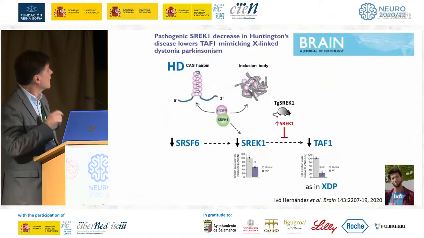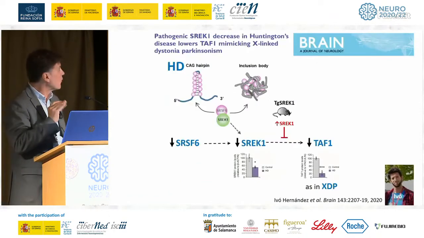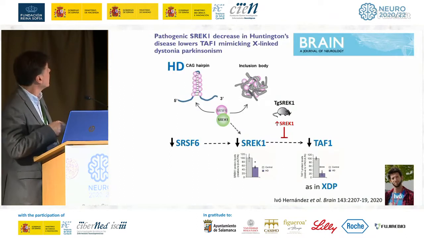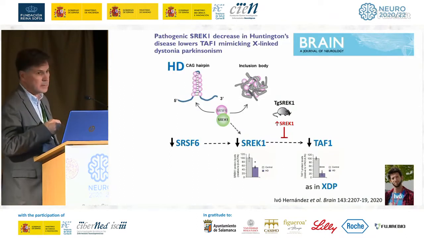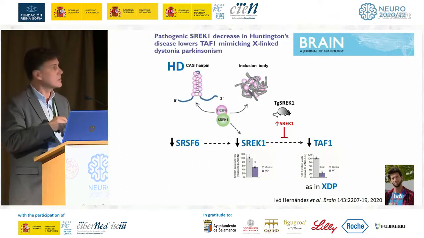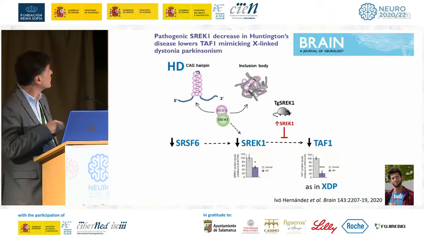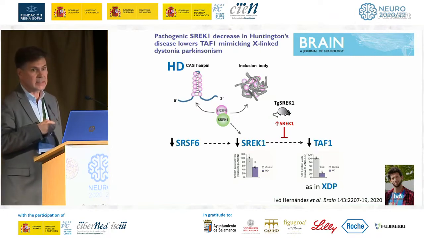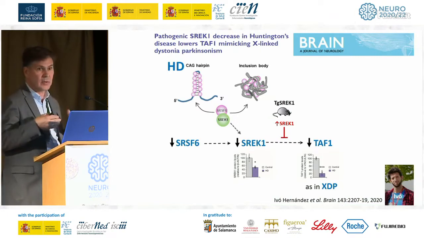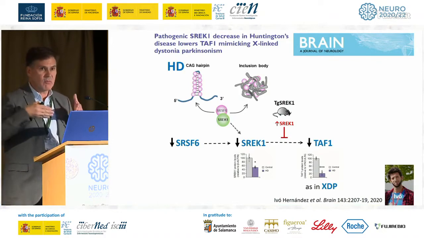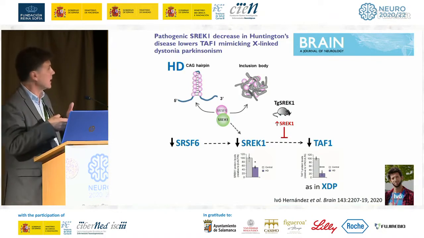And summarizing in a single slide a lot of work by Ivo, he was able to demonstrate that decreasing SRSF6 suffices to induce a decrease of SREG1, which in turn leads to missplicing and decreased levels of TAF1, therefore showing a molecular mechanism convergence between Huntington's disease and XDP.